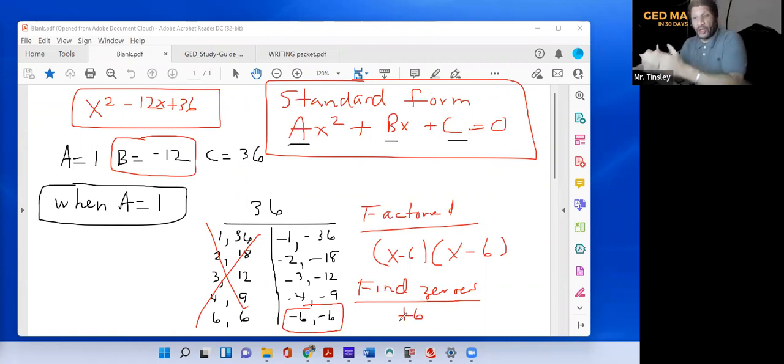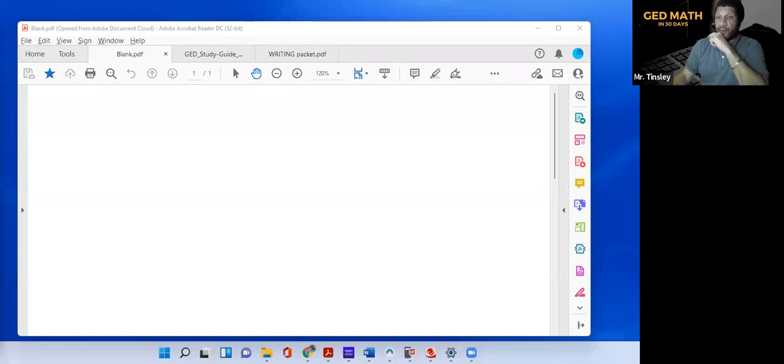This is how you factor a quadratic equation. If A is 1, you find the factor pairs of C. You look at those factor pairs and see what factor pairs are going to combine to give you B. Okay, so let me save this and let's try another one. Let me go back to that. Oh, I closed it up.